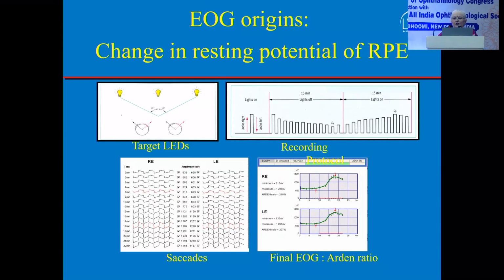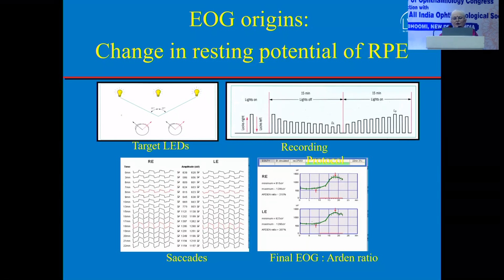Once we come to the EOG, some people have this misconception that this is a signal from the retinal pigment epithelium, because this is what we use for Best disease, which is an RPE disease. But although we are studying the change in potential of the retinal pigment epithelium, the cells don't respond to light. As I said, only the photoreceptors respond to light. So once the photoreceptors respond to light, there is a change in the electrical or chemical composition between the photoreceptors and the pigment epithelium, and the pigment epithelium potential rises.